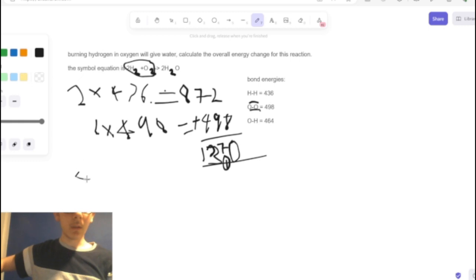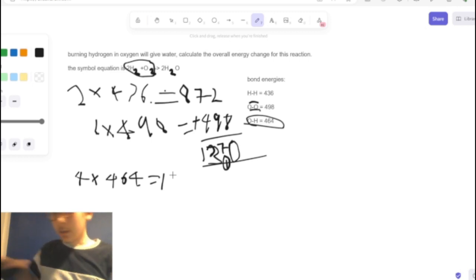So we need 4 times 464, because we need H2O times by 2. Let me grab my calculator. 464 times 4 is 1,856.